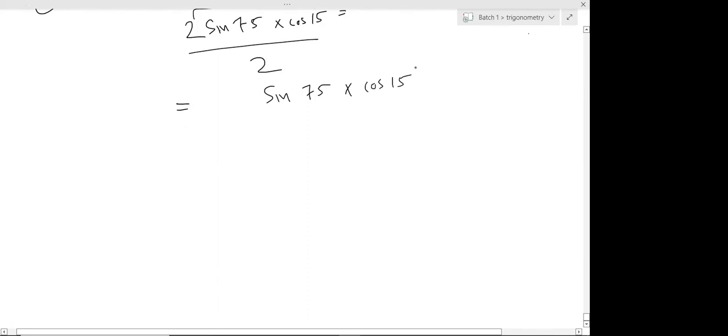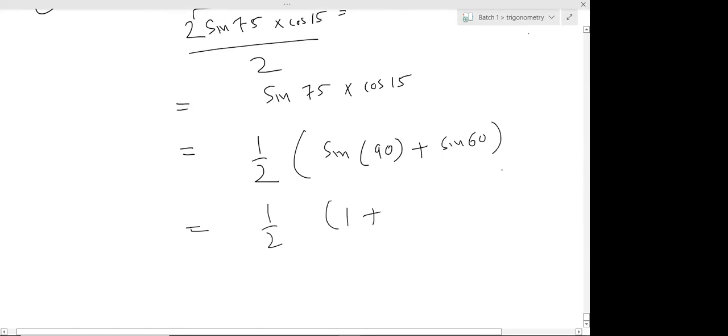Okay, put the values. Sir, I sent another answer. I think the previous one was wrong. All right. Okay, let's see. So this is sine A cos B, and the formula for that is sine A plus B, so 90, plus sine A minus B, so sine 60. All right. So sine 90 is 1 and sine 60 is root 3 by 2.